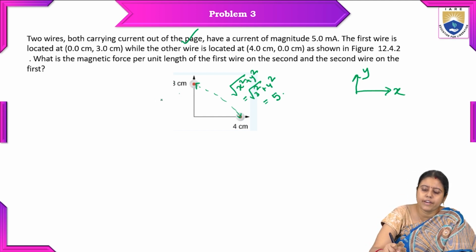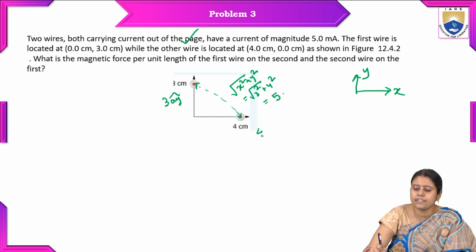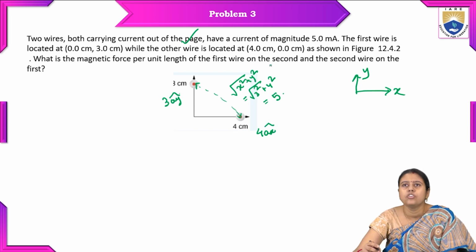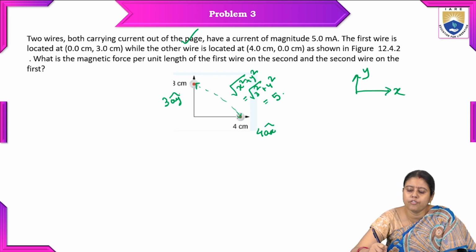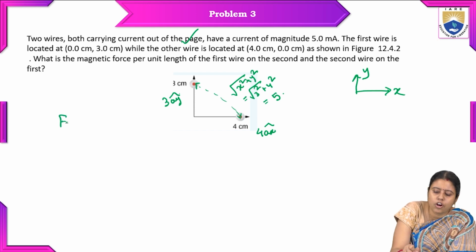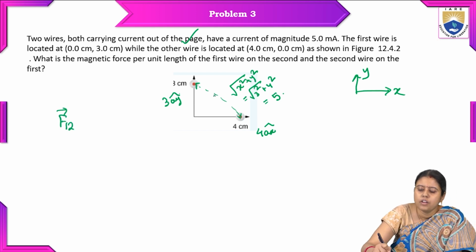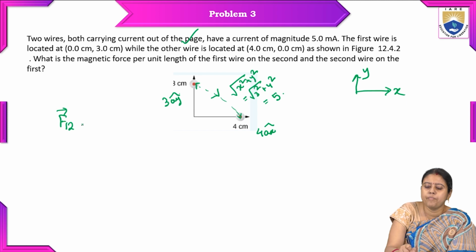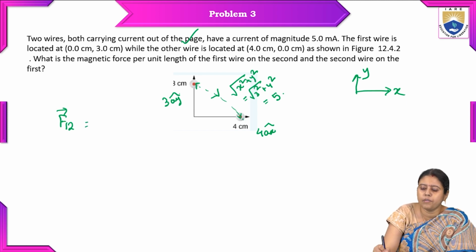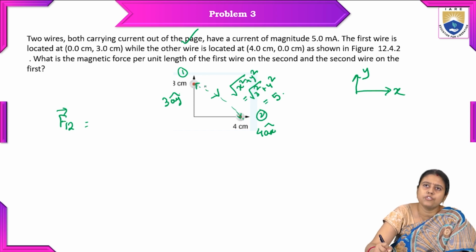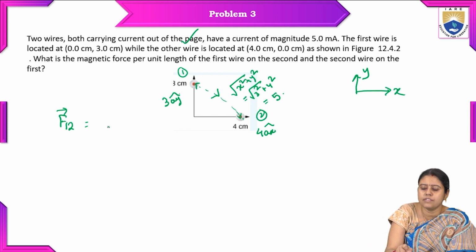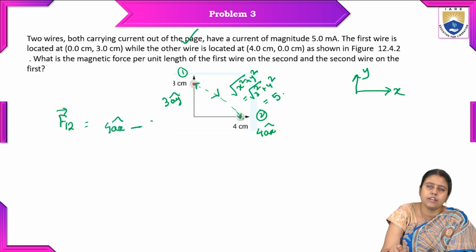What is the position vector of this? The position vector is 3ay and 4ax. So if we are thinking about the force on 1 due to 2, this is our first point and this is our second point. So force on 2 due to 1 means 4ax, the end point, minus the starting point 3ay.